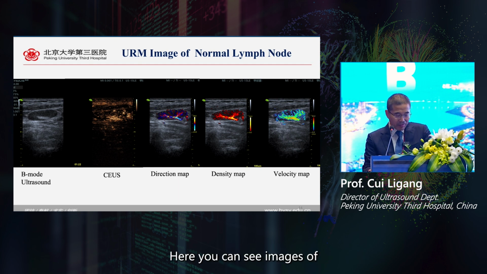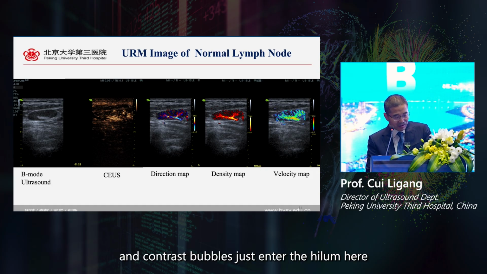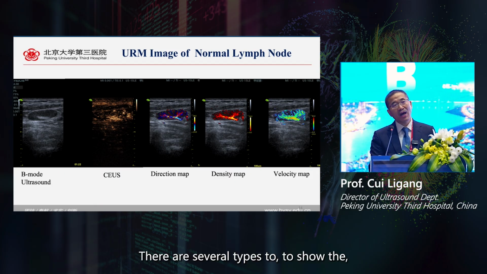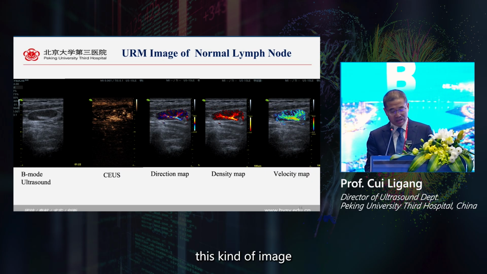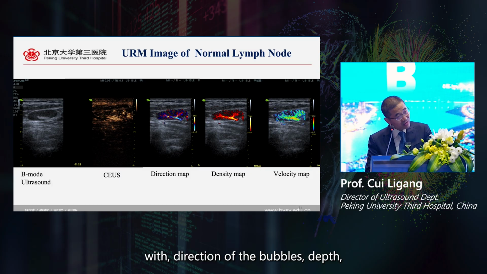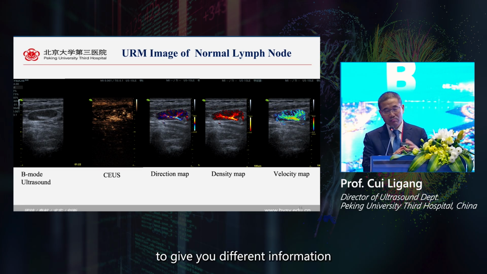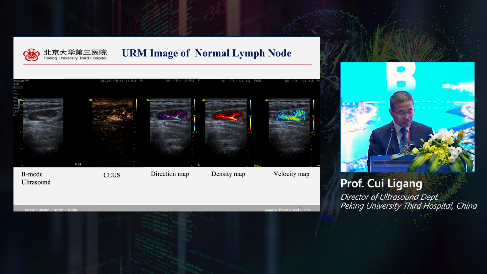Here you can see images of a normal lymph node. The grayscale shows the hilum, and contrast bubbles just enter the hilum here. With URM, there are several types of maps to show this kind of image, with the direction of the bubbles, the density of the bubbles, and the velocity of the bubbles, to give you different information.